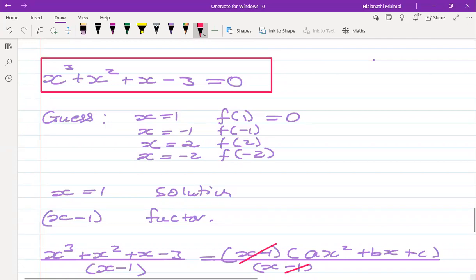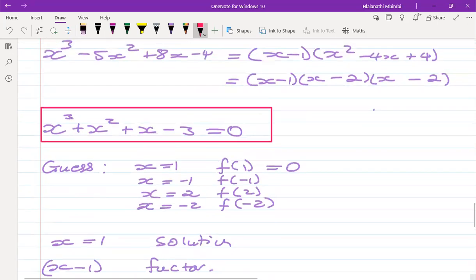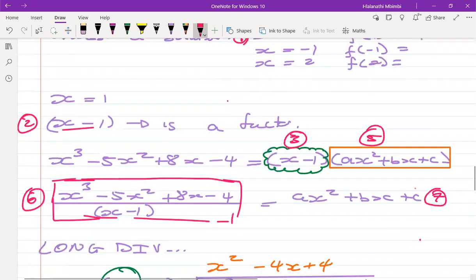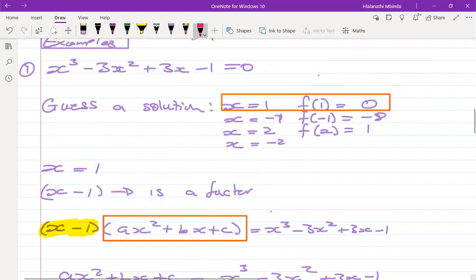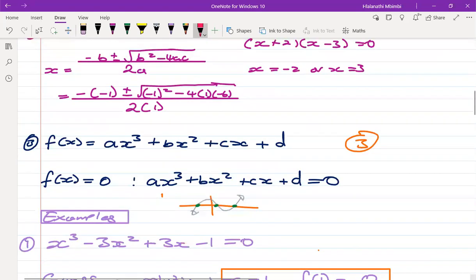You were not here in class, so let me explain. This could be a function. Do you see this function? And you could be interested in the x-intercepts.